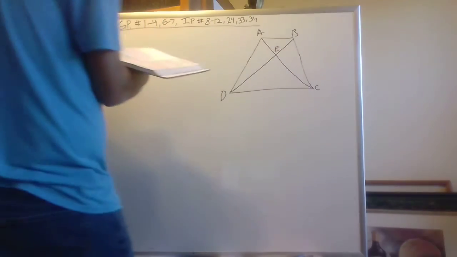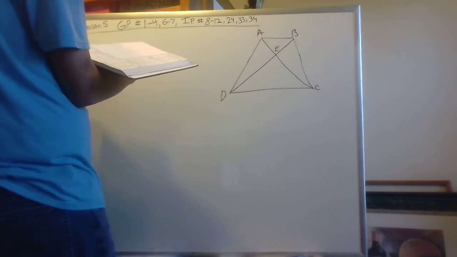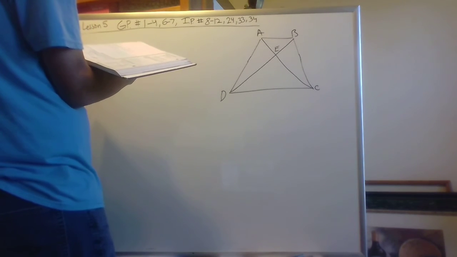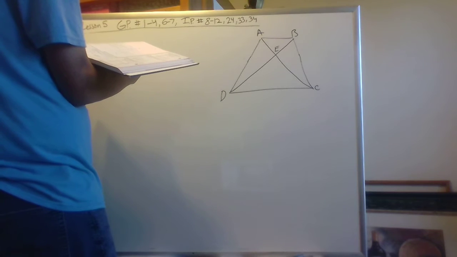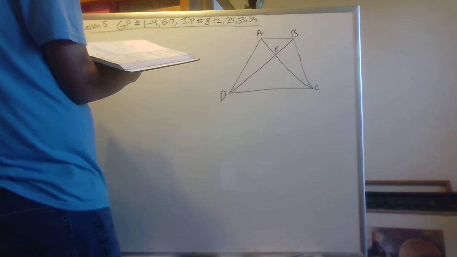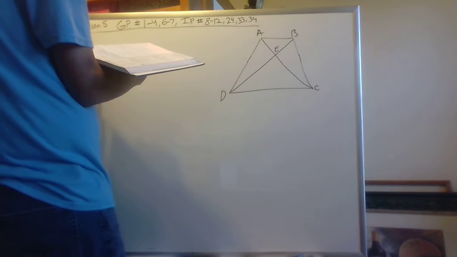It says find AC if BE is equal to 12 and ED is equal to 24.